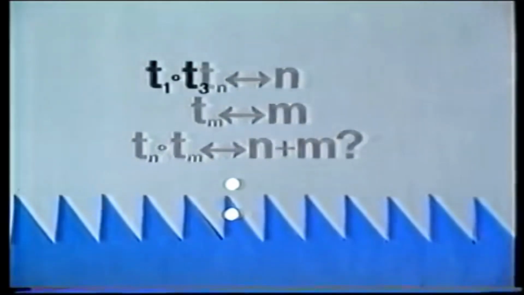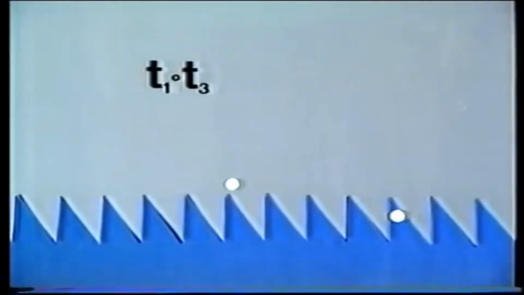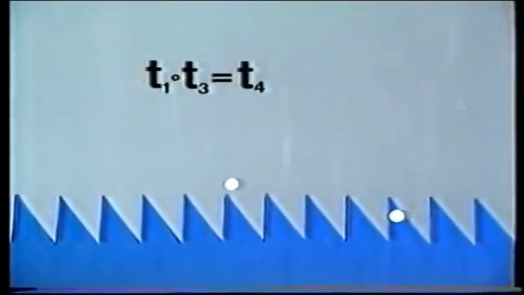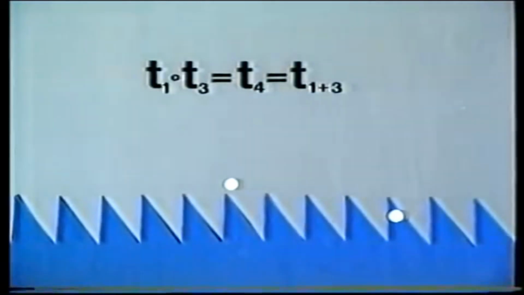Let's try T1 composed with T3. Remember, that's T3 followed by T1. T3, T1. We get T4. That's T3 plus 1.